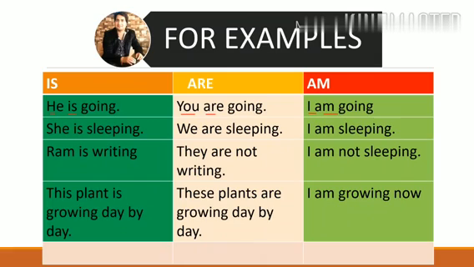In a similar manner, when we talk about she, we have made use of is, and when we talk about we, we have made use of are. In another example, there is Ram, and we have used is because Ram is a name. In this example, there is this plant. This plant is a singular noun, and again we have used is. In a similar manner, we have they, and we have used are, and we have plural nouns, that is these plants, so we have used are.